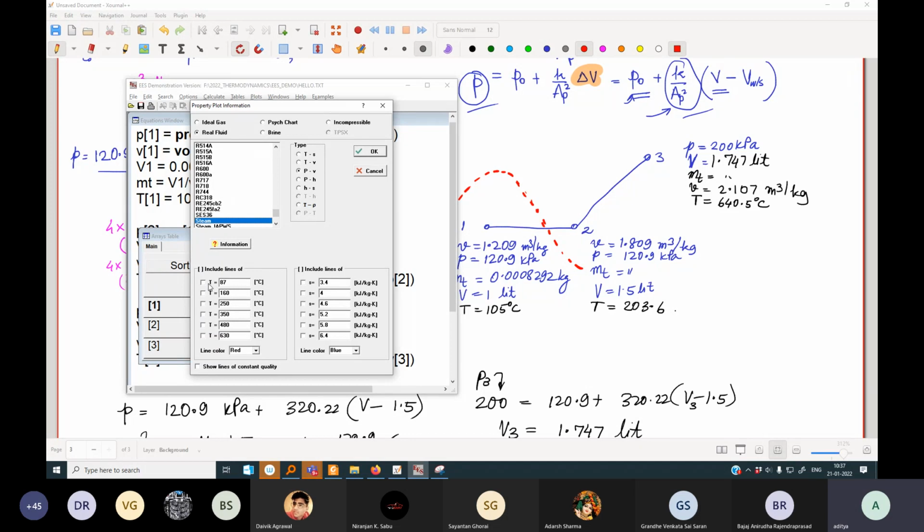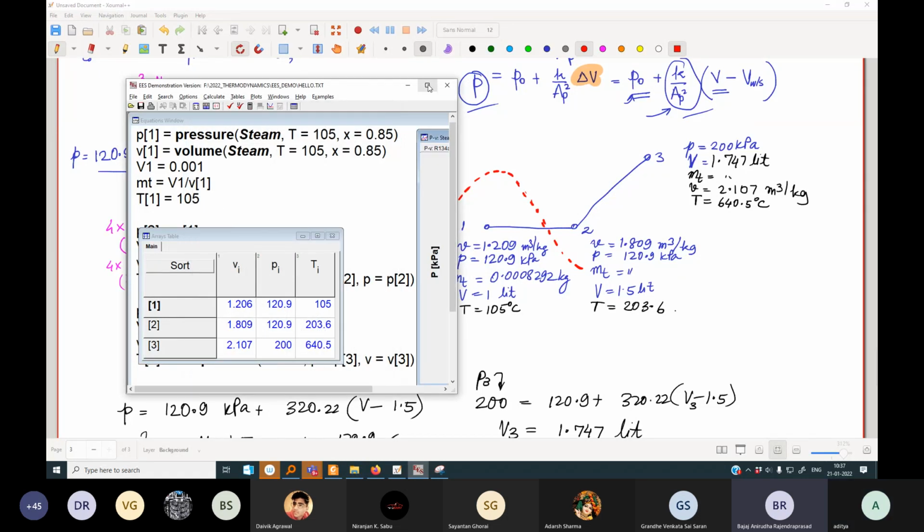In fact, let's just put some isotherms: 105, an isotherm of 203.6, and an isotherm of 640.5.